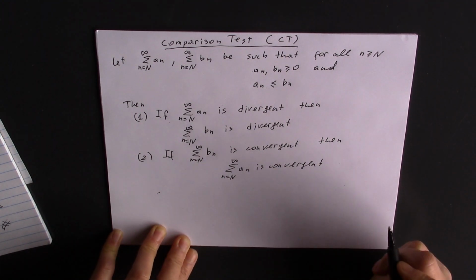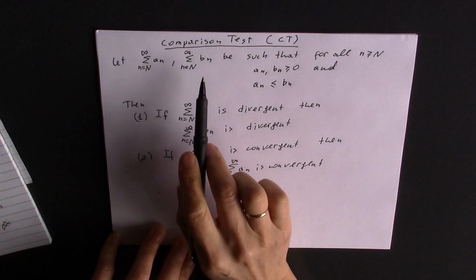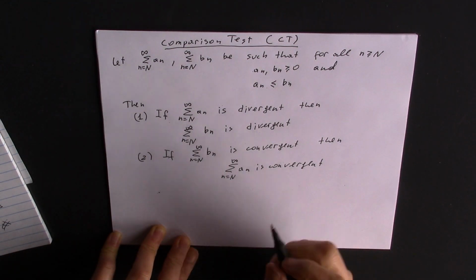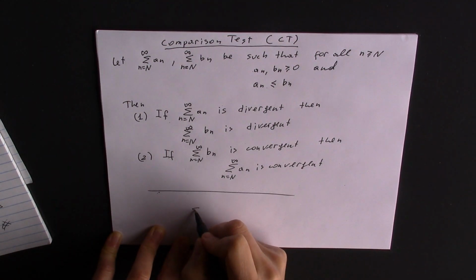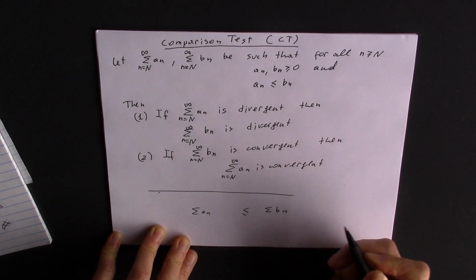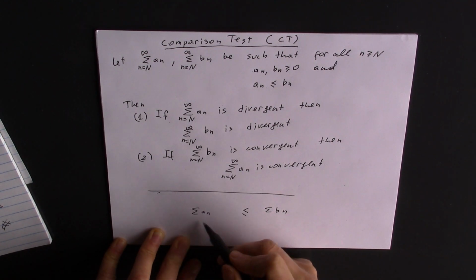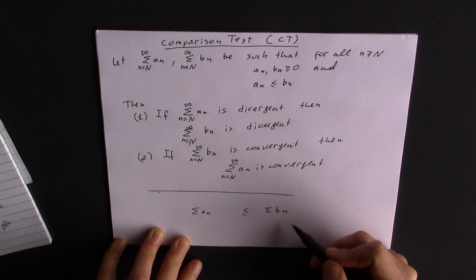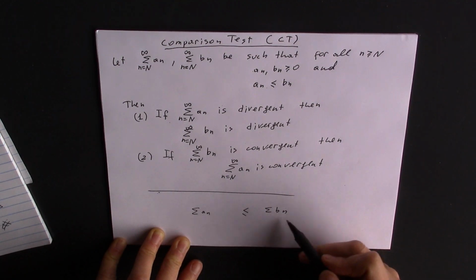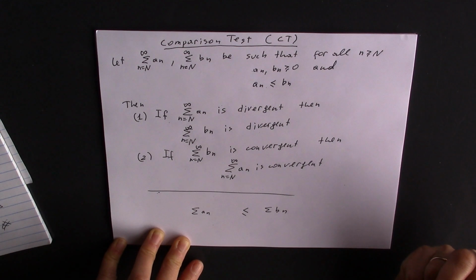So we have two cases. So the comparison test tells us that if we have two series and one series is bigger than the other, then if the smaller series is infinite, divergent, then the bigger series is divergent. If your bigger series is convergent, then your smaller series has to be convergent.